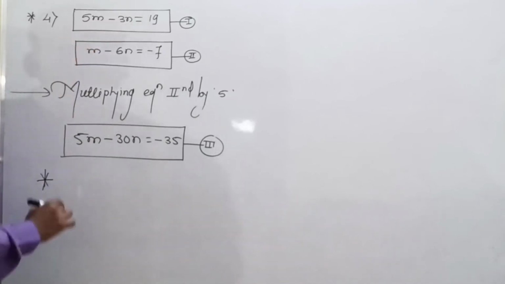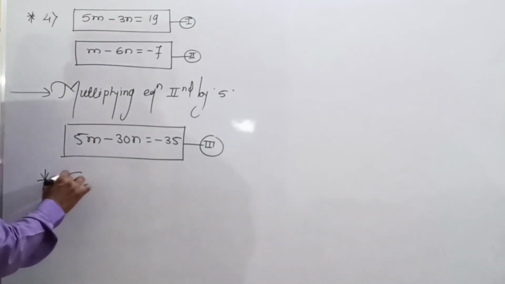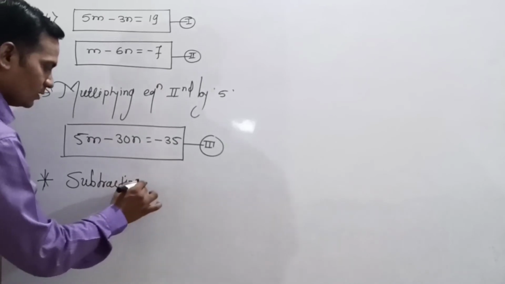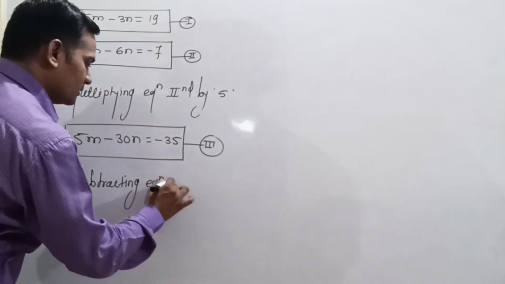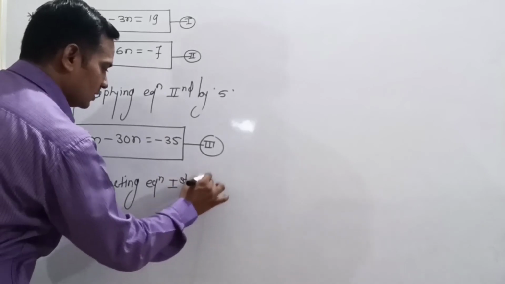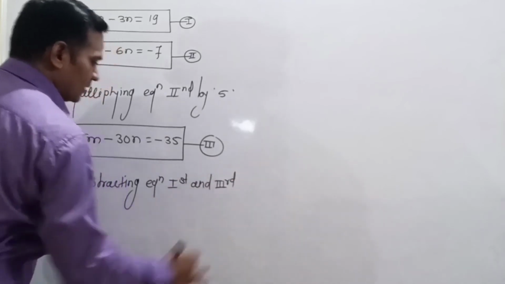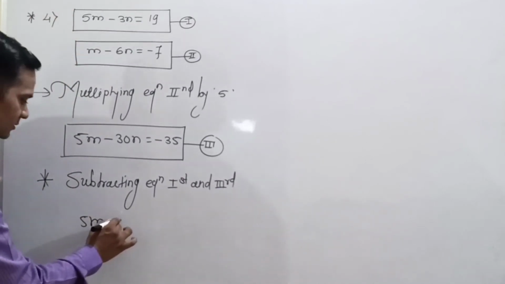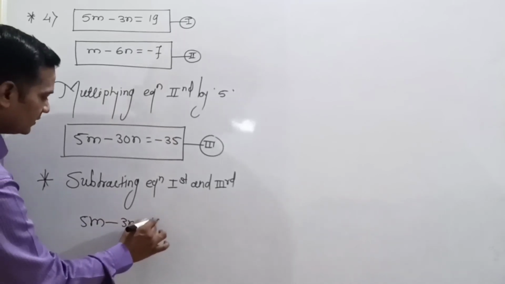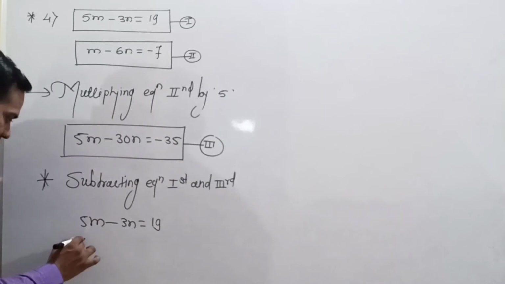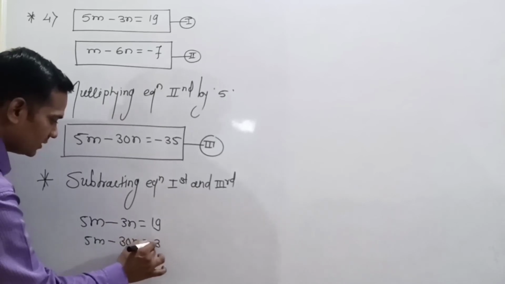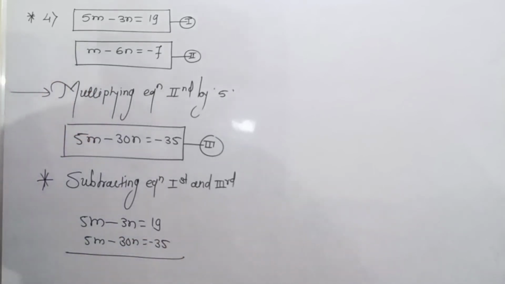So we will write this equation first of all over here, subtracting equation first and third. Okay. Now which is the first equation? That is 5m minus 3n is equal to 19, and third one is again 5m minus 30n is equal to 35. Now these are the two equations, and we have to take the subtraction of these two.